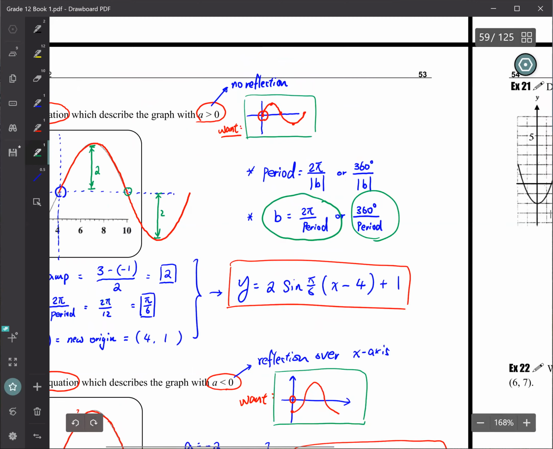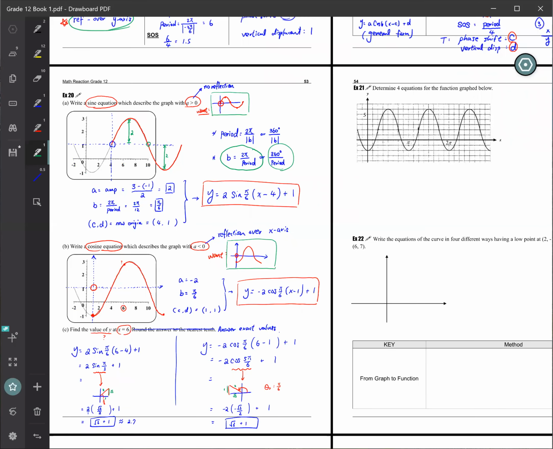All right, so let's look at question 21. This time, I would like you to try to get the 4 equations that we talked about, okay? And when you choose the new origin, I would like you to choose the one that's close to the y-axis, as close to 0, 0 as possible, right?